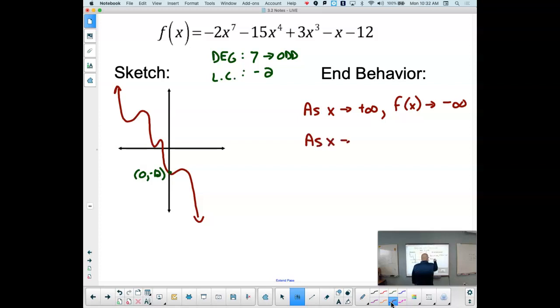As x is going to -infinity, left side going up, f of x then is going to positive infinity. Okay? All right? And those are the two answers that I would expect there.